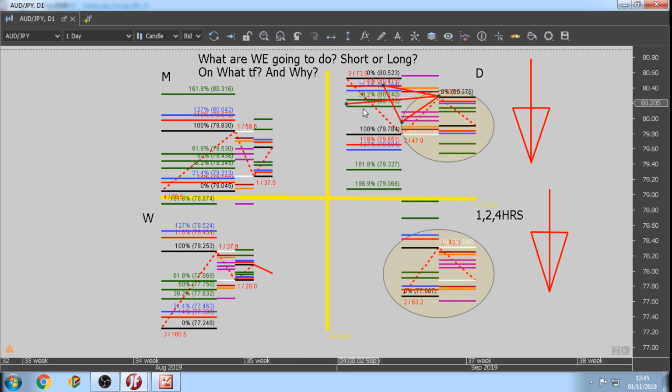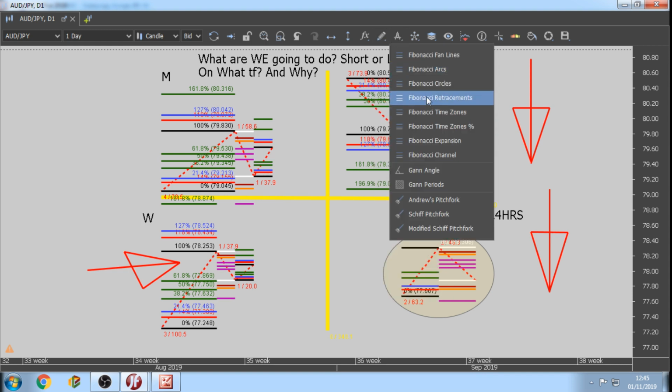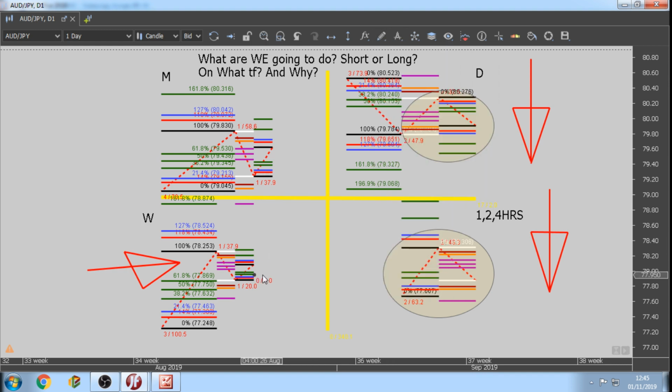Okay, so what gives the higher probability, and no guarantees of course, to the daily chart is that the weekly doesn't have a confirmed C, and the Fibonacci of the confirmation on the weekly does have a very small, tiny contrarian Fibonacci.